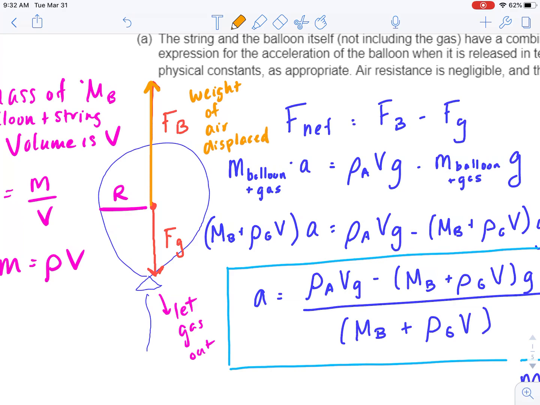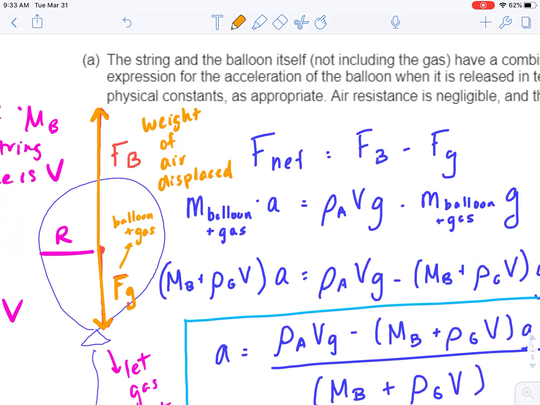When we studied buoyancy, we were used to thinking about the weight of the water displaced when we were thinking about a floating object. Now this object is floating in air, so it's the weight of the air displaced. And then the downward force that we have here is F sub g, and that is the weight of the balloon plus the weight of the gas inside the balloon. So this is the balloon plus the gas.